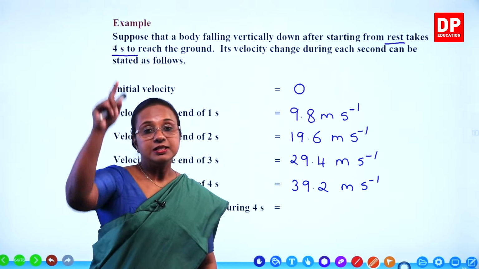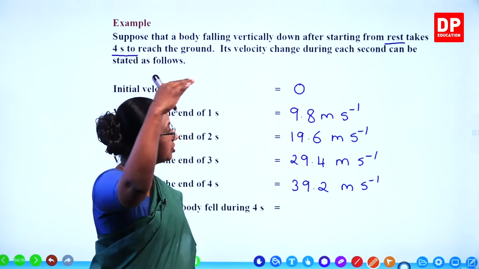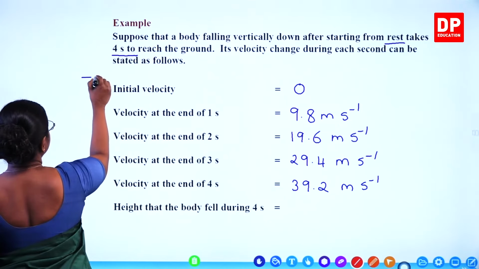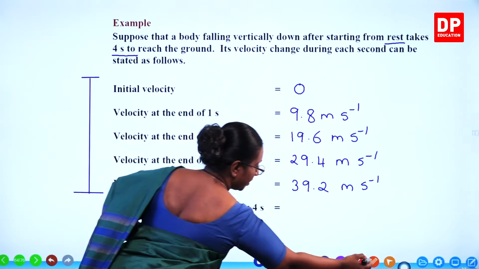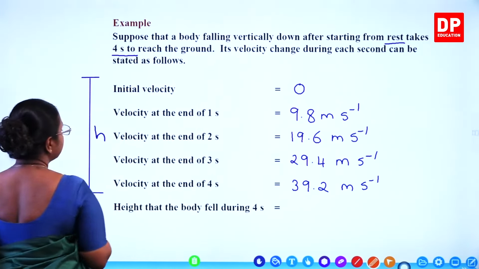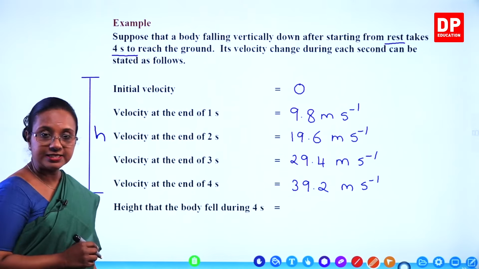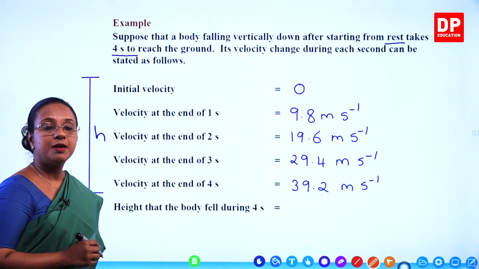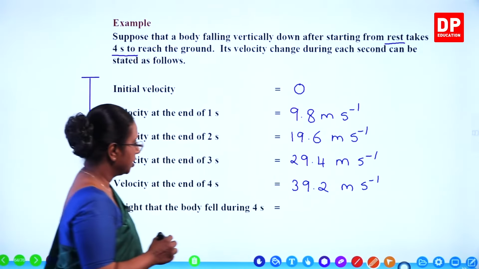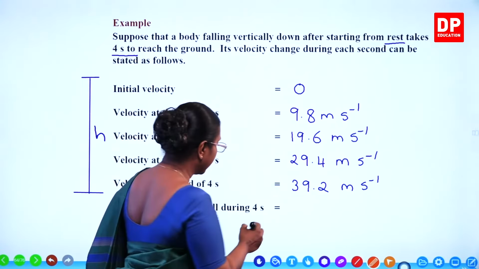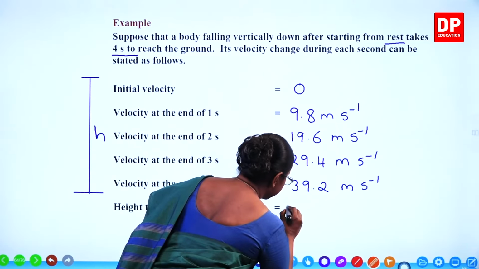So, here the height from which the object fell is the displacement. It was on top, then it came down and reached the ground. So this height is the displacement of the body. So if we are to find this height, we find the displacement by multiplying the mean velocity by time. So here straight away I will do the calculation. Height that the body fell during 4 seconds is the displacement.